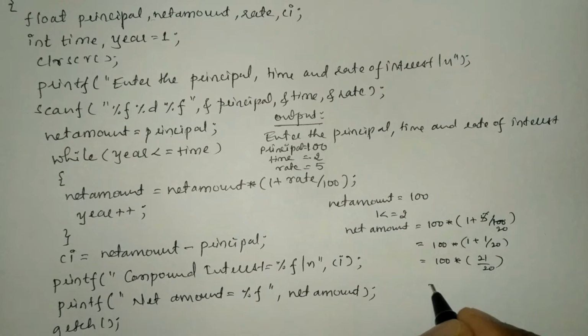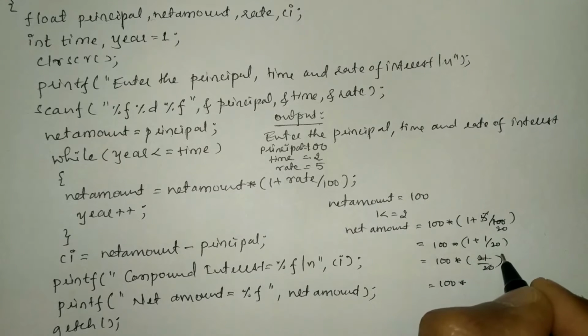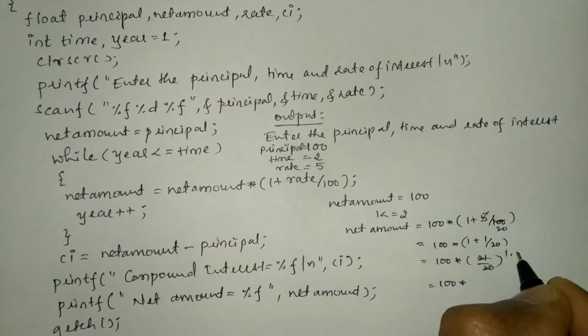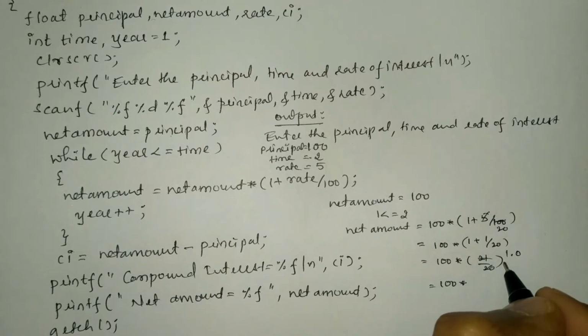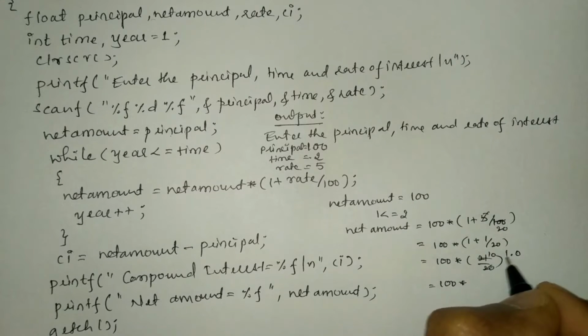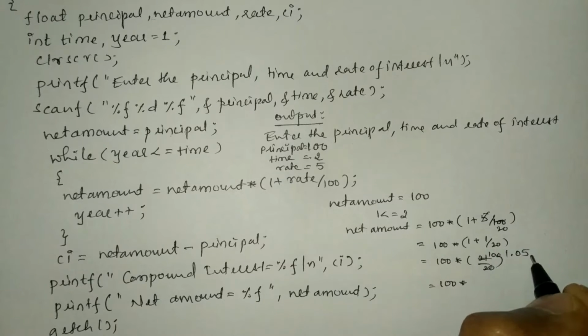So what you get here is 100 into 21 divided by 20, which is 1.05.